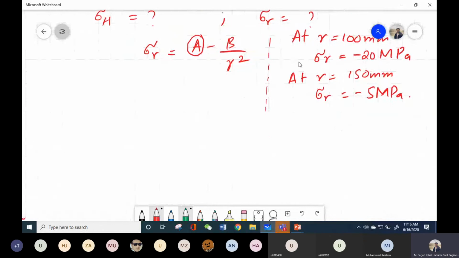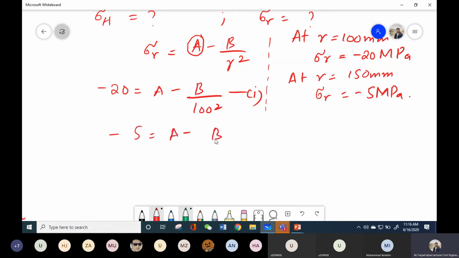So I will substitute these two values into this equation, and I will get two simultaneous equations: minus 20 is equal to A minus B over 100 square, that is equation 1. And the second equation is minus 5 is equal to A minus B over 150 square. So if I solve these two equations simultaneously, I will get the values of A and B.